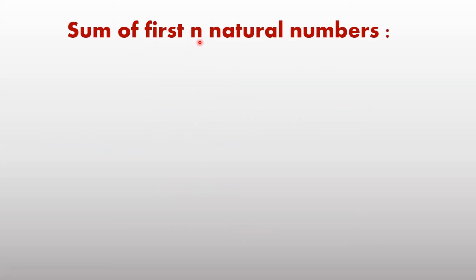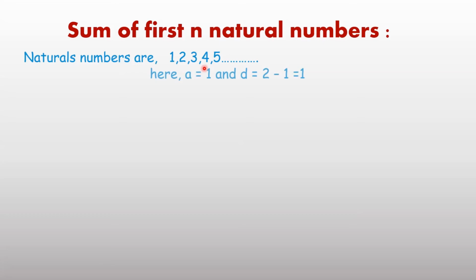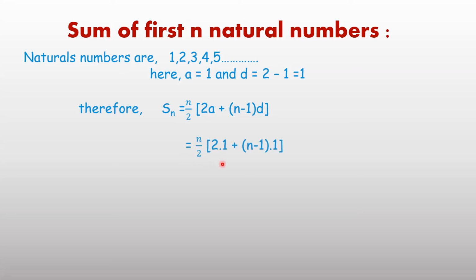Sum of first n natural numbers. Natural numbers are 1, 2, 3, 4, 5. Here the first term is 1 and common difference is 2 minus 1 equal to 1. Therefore, the sum of n terms we can write as n by 2, 2a plus n minus 1 into d. Put the value of a as 1 and d as 1. Simplify: 2 into 1 is 2, plus n minus 1, equal to n into n plus 1 by 2.